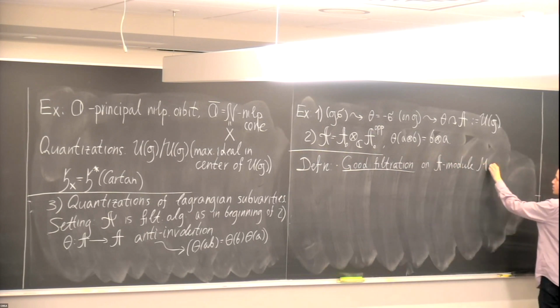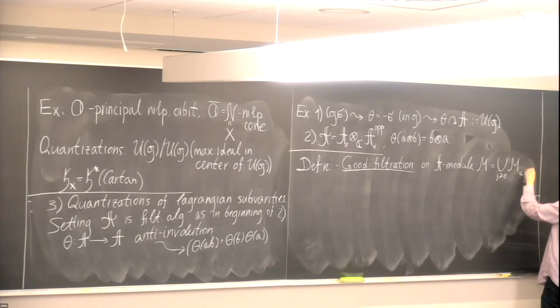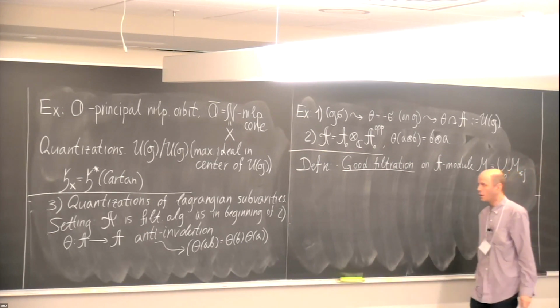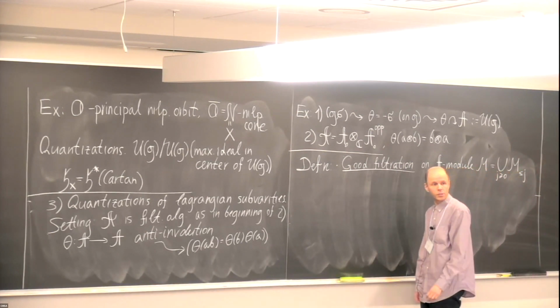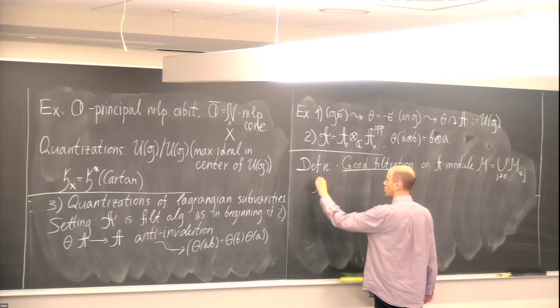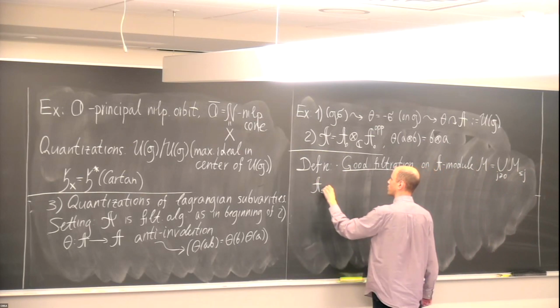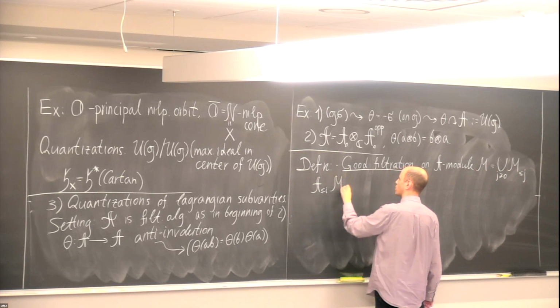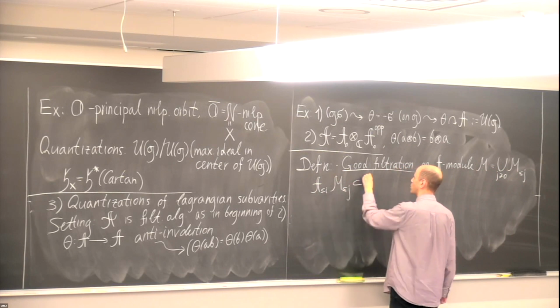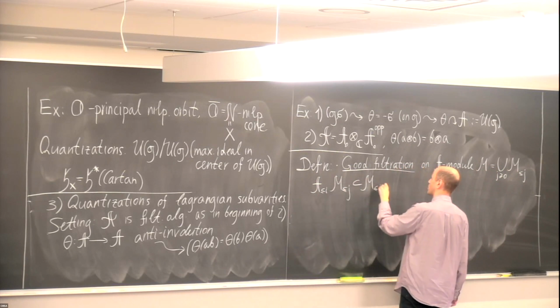So it's a filtration by subspaces. It's also an ascending filtration. I want it to be compatible with the filtration of my algebra. I want the product of A less or equal than i and M less or equal than j to be in M less or equal than i plus j.